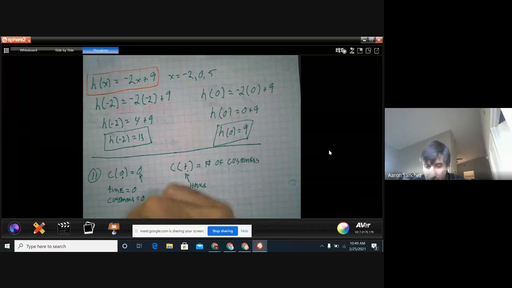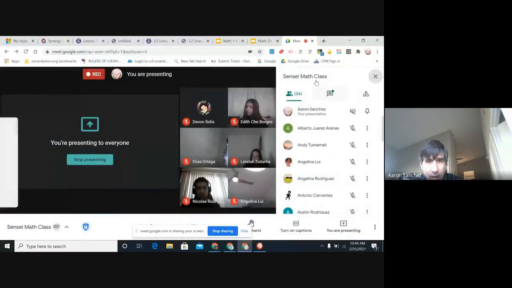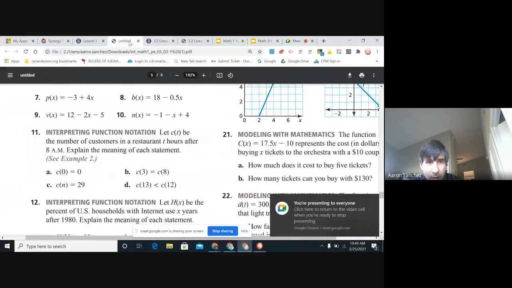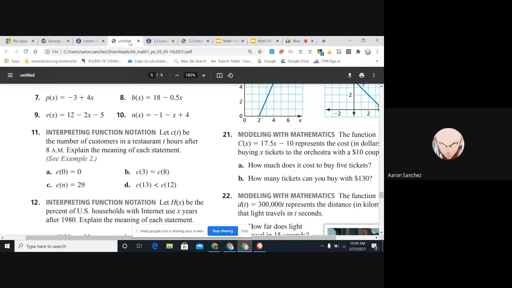Now the next one, letter B: C of 3 equals C of 8. This is interesting.